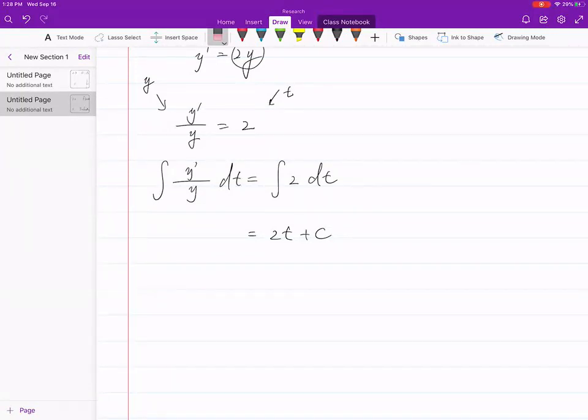Now question, what about this side? Everything is in terms of y. I really wish this is in terms of dy, not dt. Otherwise, I can't do a thing. Right? But do you see a dy here?